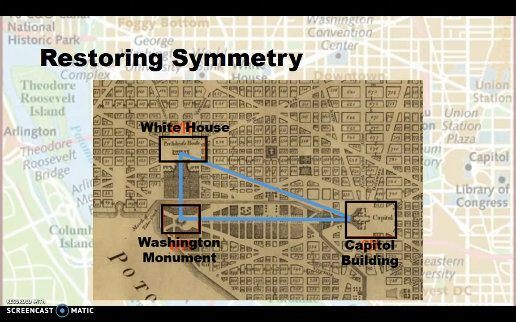Years after L'Enfant's plan was put into action, there was a desire to restore symmetry to the nation's capital. After the swampland on the coast of the Potomac had been salvaged, the locations of the Lincoln and Jefferson memorials were strategically designed to help achieve that symmetry.